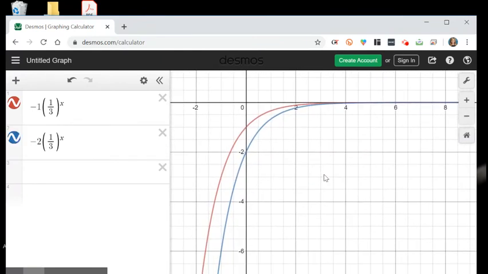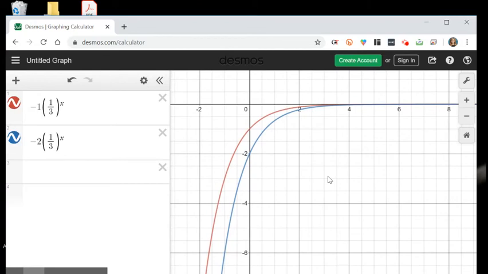You can zoom and recenter here. And again, it looks like the same curve, just shifted, which is similar to what happened on the others. It's just that our A is now negative, which means our curve is going to be on the bottom half of our graph.